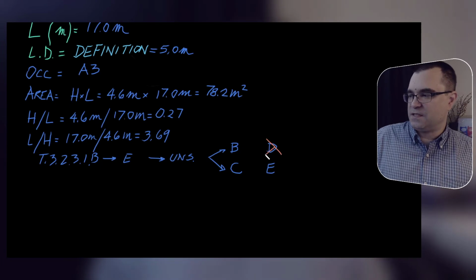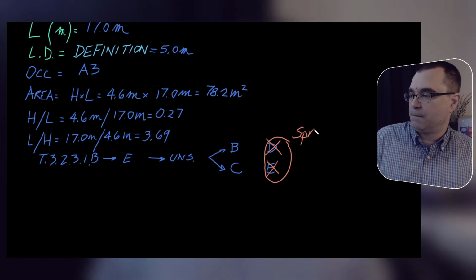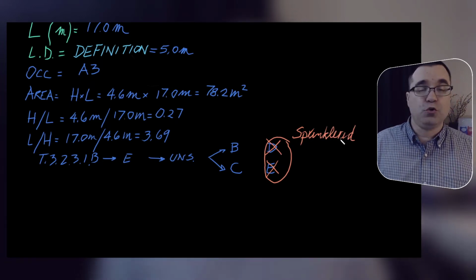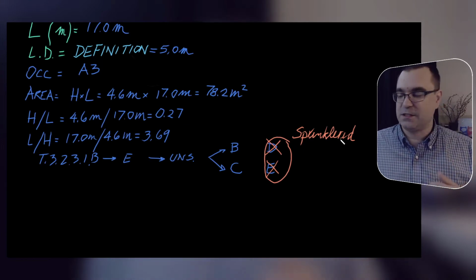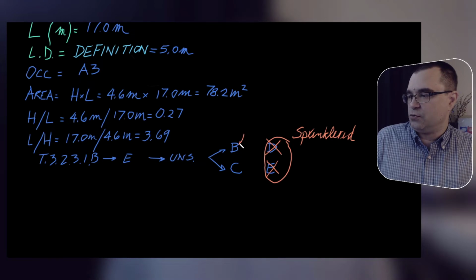So this table is out, this table is out, because both of these tables are sprinklered. No good, because our buildings are unsprinklered. So the question is, which one of these two do we use? Do we use B or do we use C?